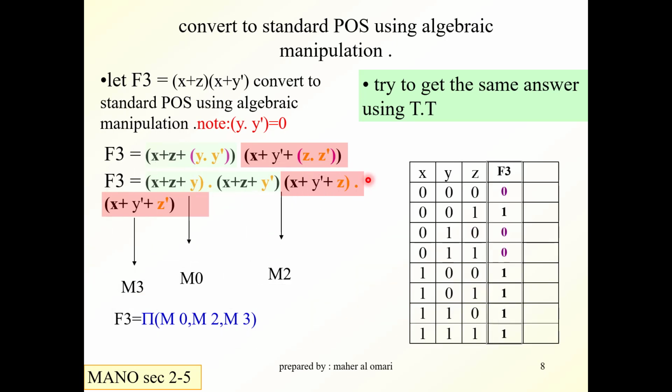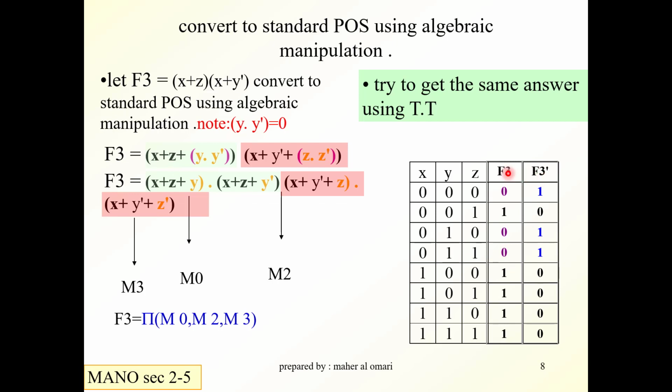Of course we can. Let's have the three variables, and this is f3 here. It is equal to 0 when this one is equal to 0, or this one is equal to 0, which are here. So f3 is equal to the max terms M0, M2, and M3.